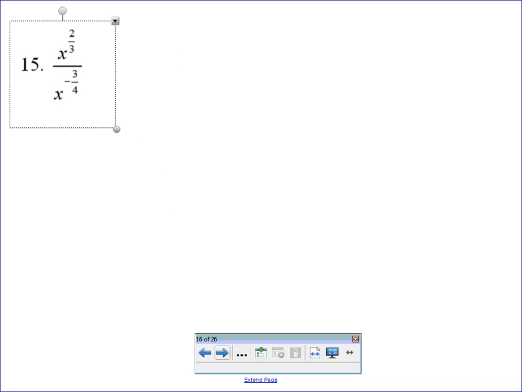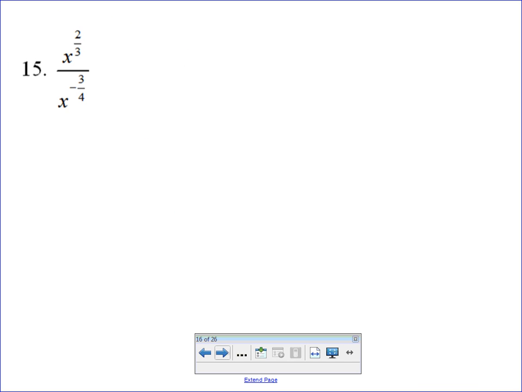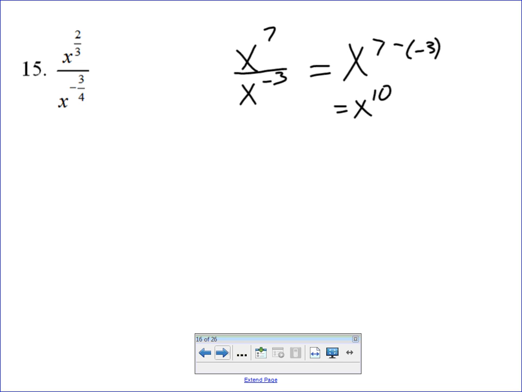All right, I know this one scares everybody because it's got fractions, it's got negatives, it's got all kinds of craziness. But let's just review. If I had x to the 7th over x to the -3rd, that would be x to the 7th minus -3, or x to the 10th. So the same thing is going to happen here.